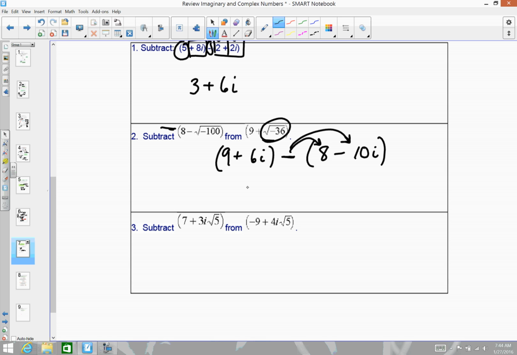So I have 9 minus 8, which gives me 1, that's these real parts, and 6i minus a negative 10i becomes 6 plus 10i, or plus 16i.